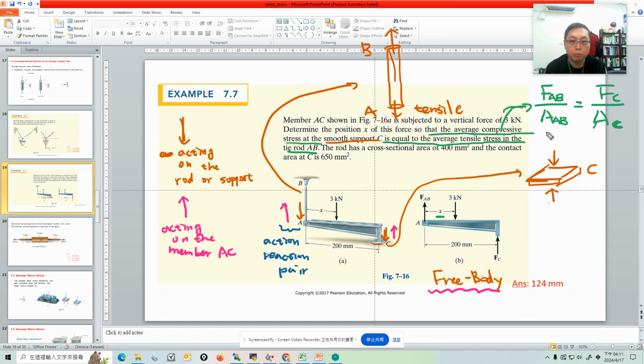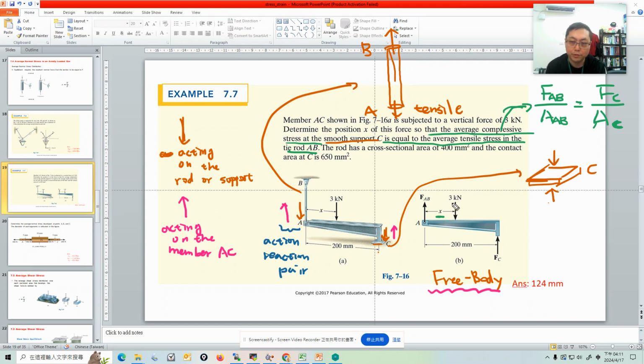This problem gives you the cross-section area of rod AB, and also the area of the smooth support C. So we know the areas. Can we find the x here? How to find the x? It looks like this equation doesn't have anything about this x.